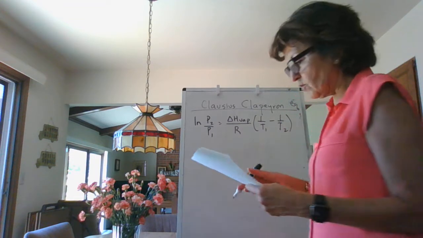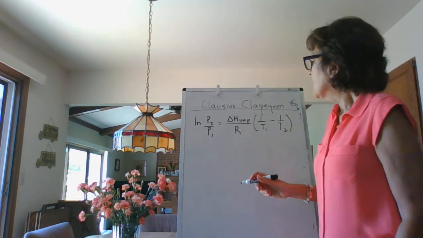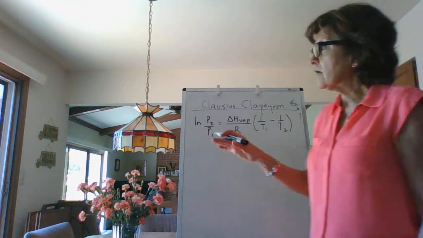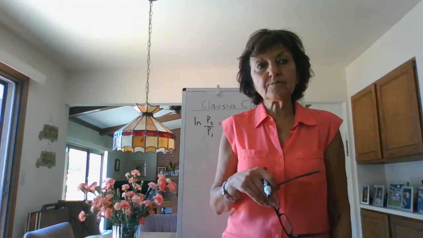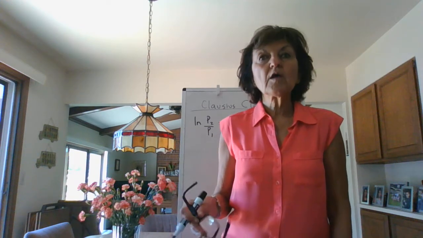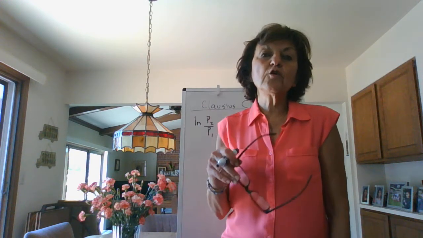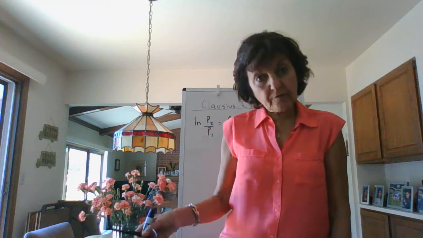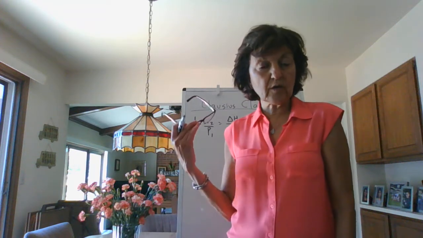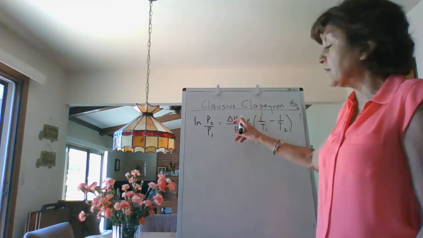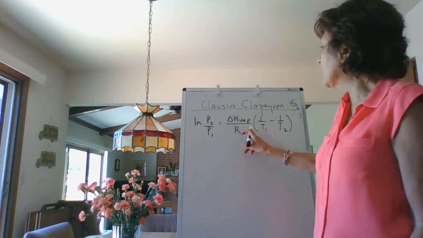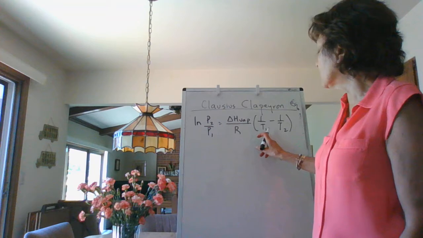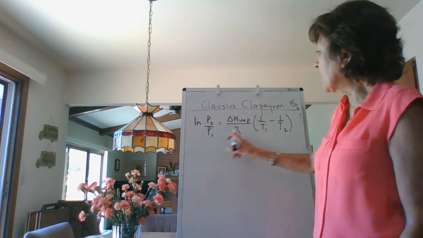Now let me explain what all these things are. If you know the temperature and vapor pressure of a substance, and you want to know the vapor pressure at another temperature, you can use this equation. So let's say we have the delta H of vaporization of some liquid, and we know the temperature in Kelvin and the vapor pressure.